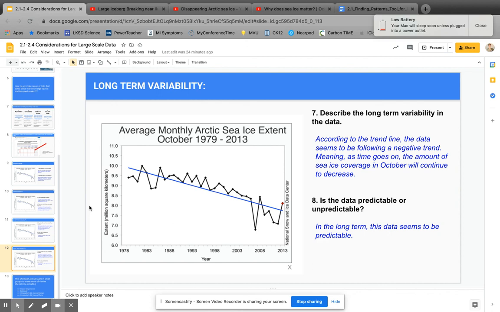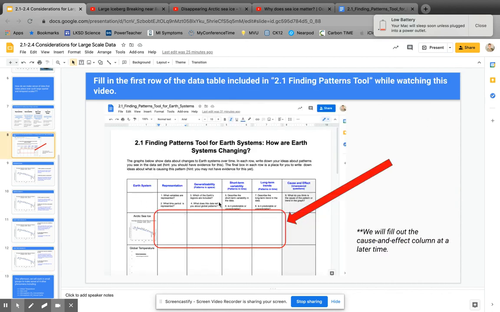Can we predict a specific amount? Maybe not necessarily. That's kind of going back to the short-term thing, but we know in the long term, there's going to be less and less Arctic sea ice. Okay, hopefully it's not too difficult. You can go back and review my answers for all of those using the slides or this video to get this first row of your Google Doc filled out.